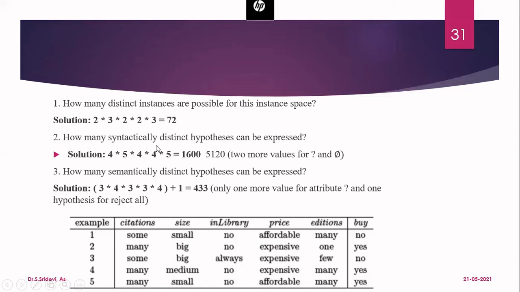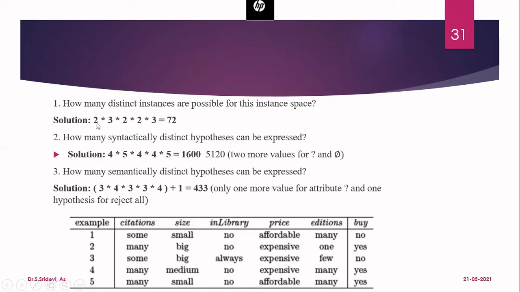Now let us see the second question. How many syntactically distinct hypotheses can be found? As I already told you, to find this, you take the previous values and for every attribute, you add 2 values. One value is the question mark, which means all values are accepted for that attribute, and the other is null, indicating that no value is accepted.